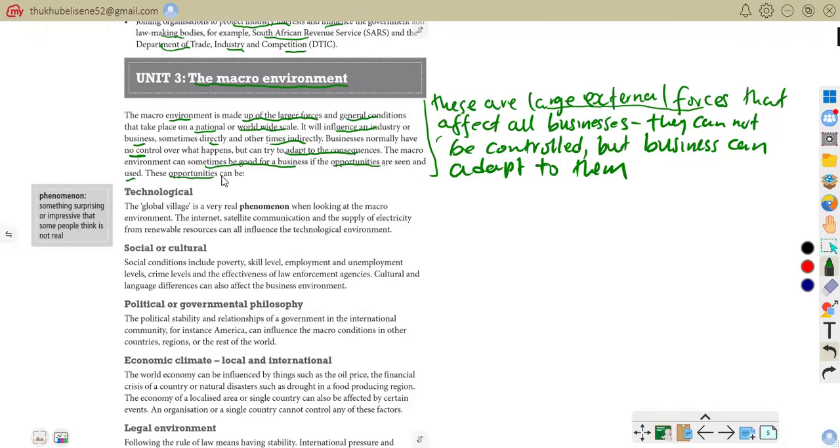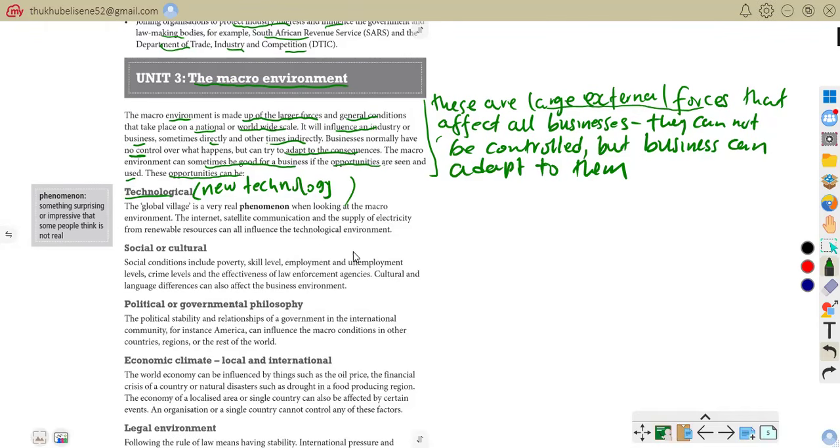And these opportunities can be technological. With the technological sector, we're talking about new technology or infrastructure.